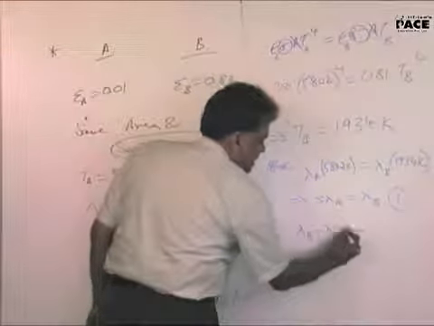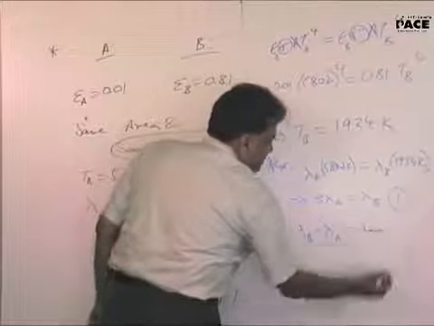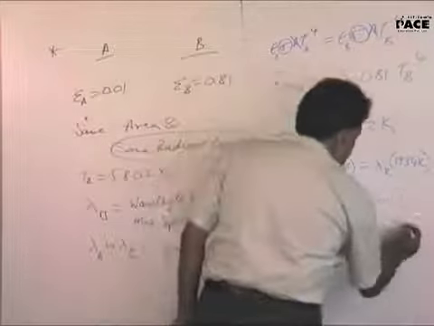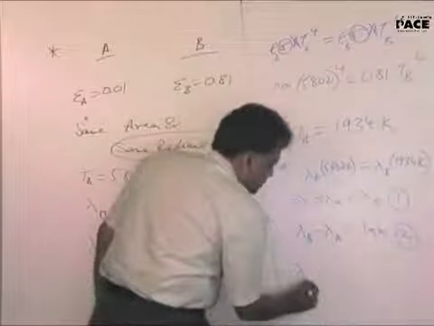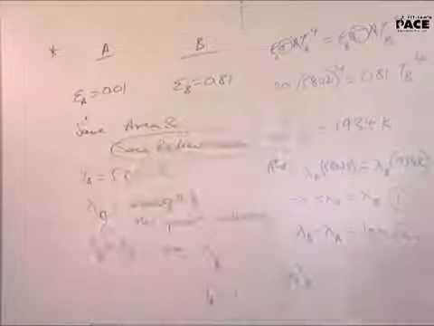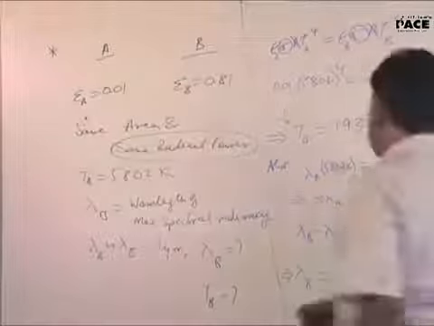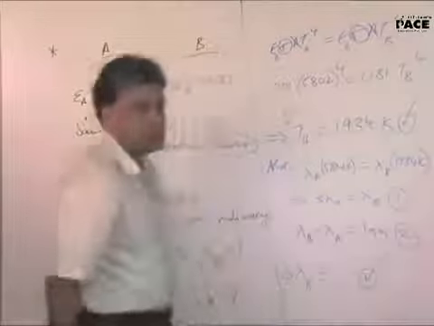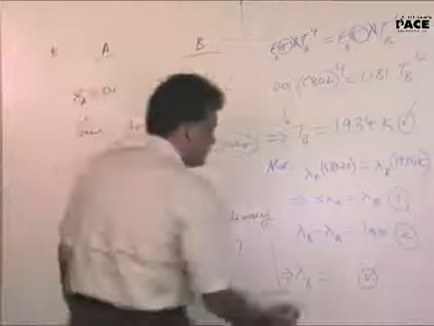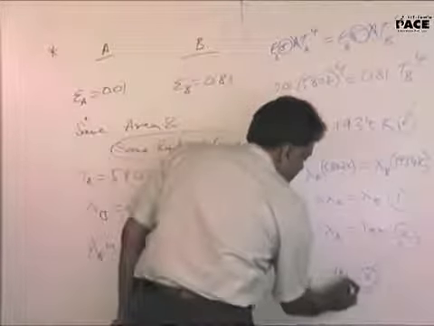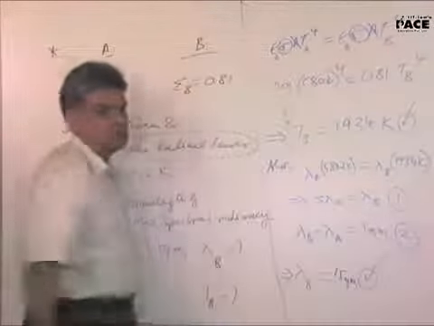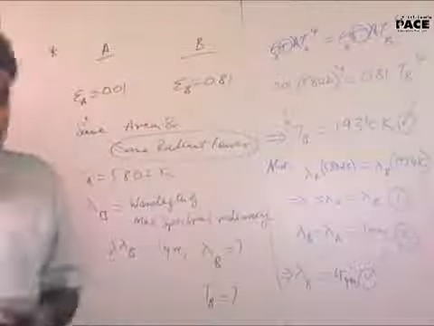Lambda B minus lambda A is 1 micrometer. So from 1 and 2, can you solve and find out what is lambda B? So those are the answers you are seeking. Yes, so lambda B happens to be how much? 1.5 micrometer. Is that okay?